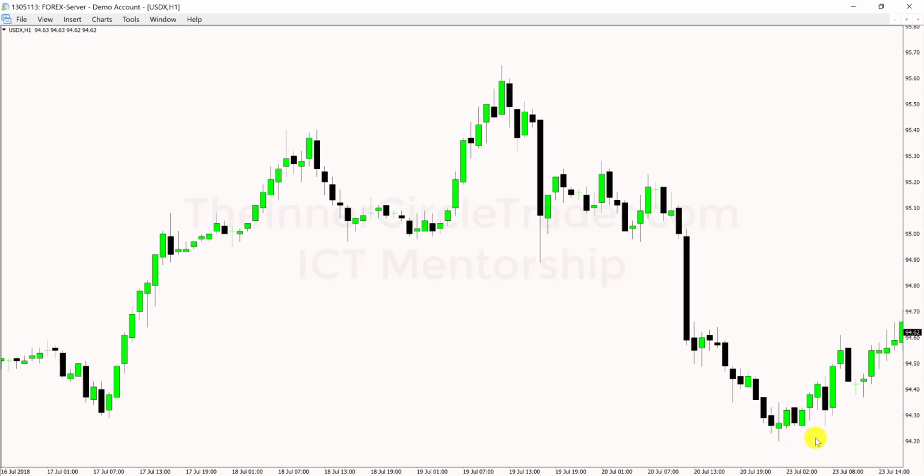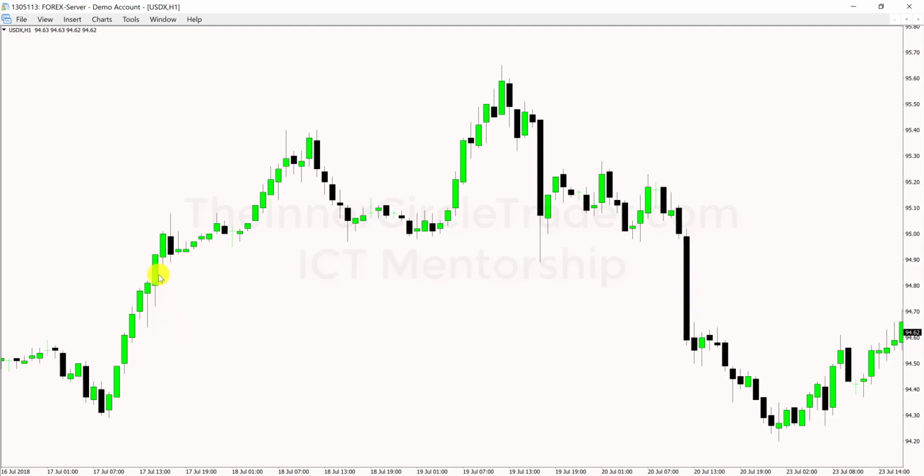So now what do we have? We have the likelihood of the market wanting to get up into this range in here. Okay, we have this down close candle, and we have this area over here of old accumulation. So there's an area that would be interesting to me at 94.95 to 94.80, because we have a fair value gap in here, and that would create a balanced price range with this big drop down.